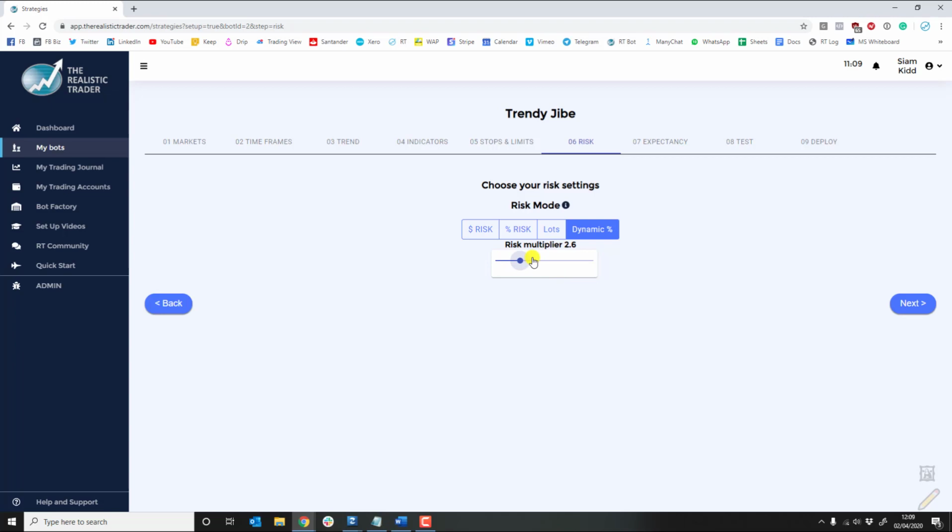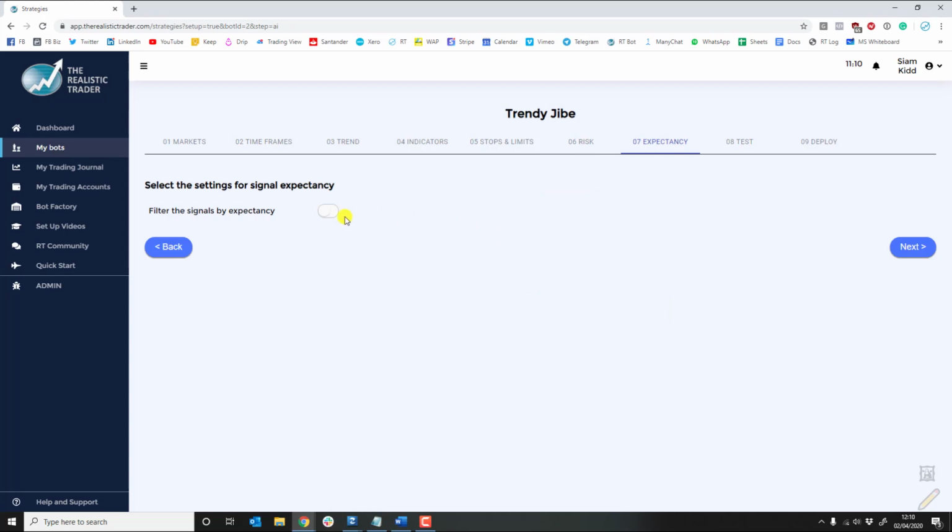Whereas if you had it set to 10 and the trade expectancy came to 0.2, it will be 0.2 times 10, which equals 2. So then the trade will place 2% of your whole account on that trade. So let's just leave it, just for this example, at 1% max risk.